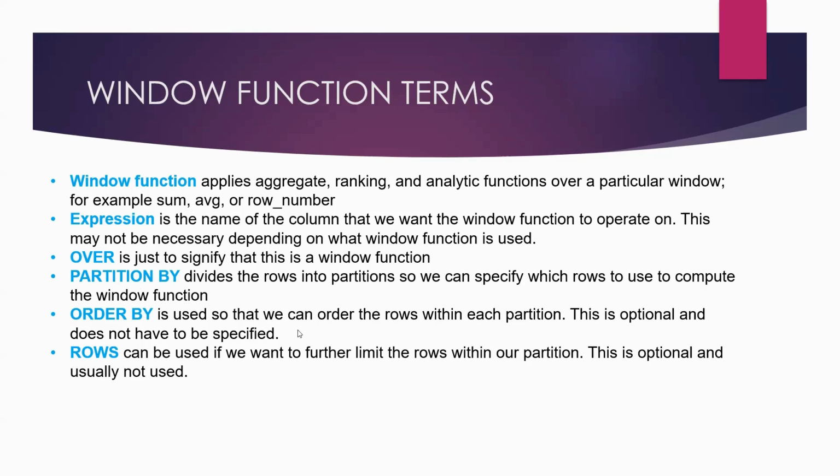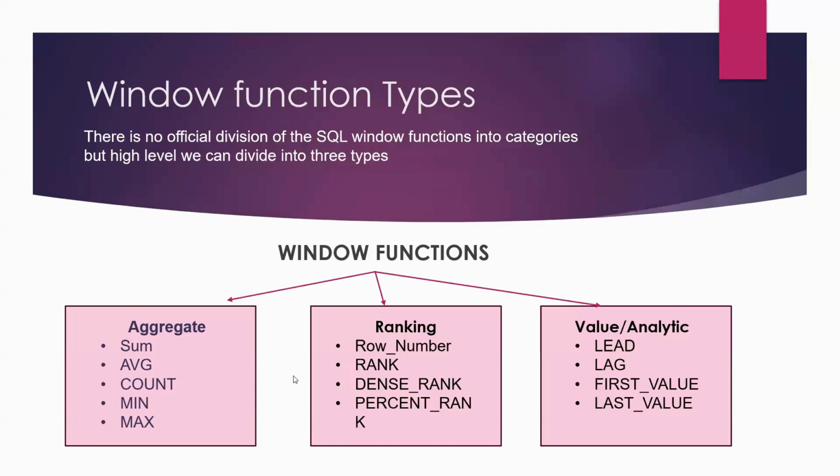This is optional and does not have to be specified, because if you want to sort data, you can, otherwise you can keep it as it is. ROWS can be used if we want to further limit the rows within our partition. This is also optional and usually not used, and we are going to learn all of this practically, so don't worry.